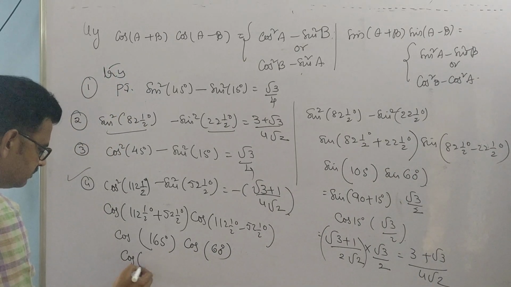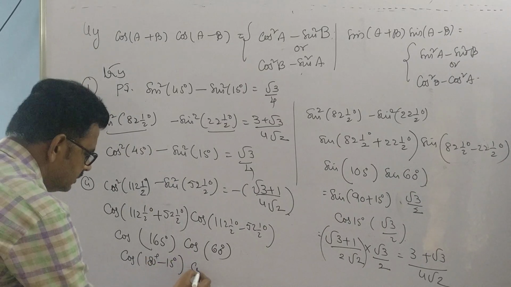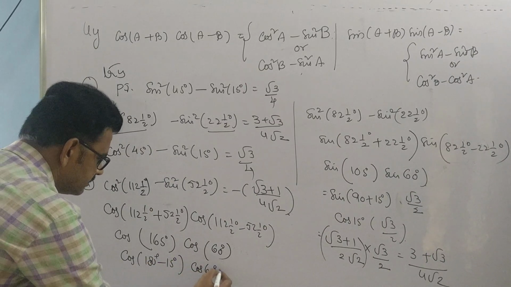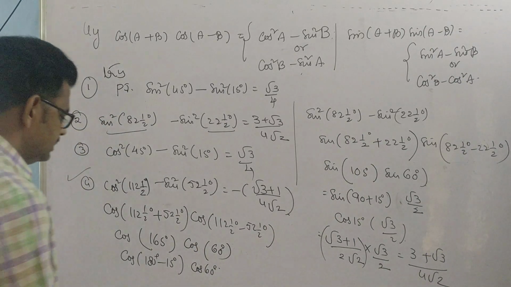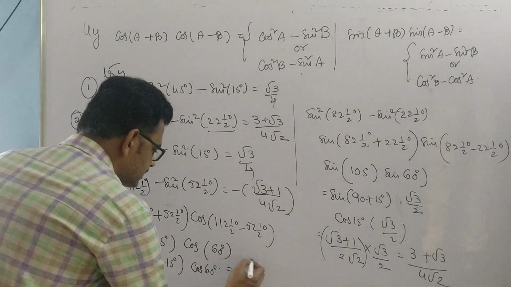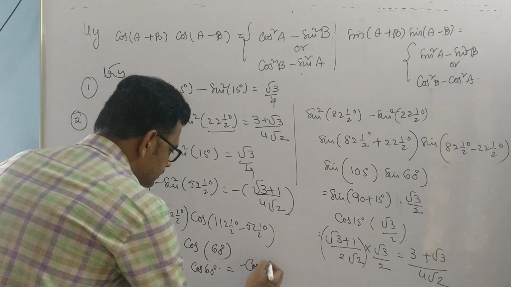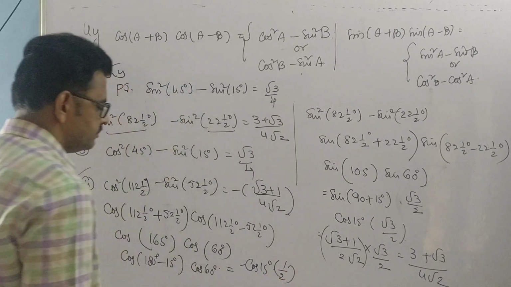This side, cos of 180 degrees minus 15 degrees into cos 60 degrees. Cos of 180 minus theta is minus cos, so minus cos 15 degrees into cos 60, which is 1 by 2.